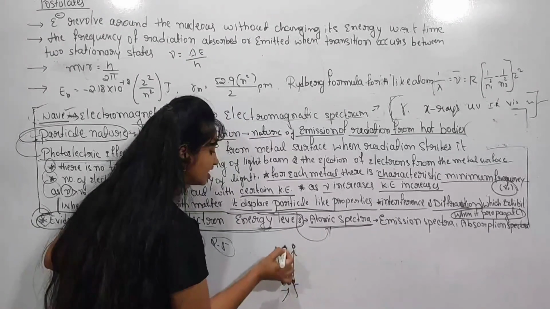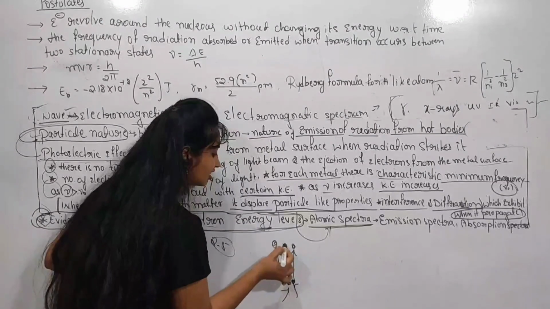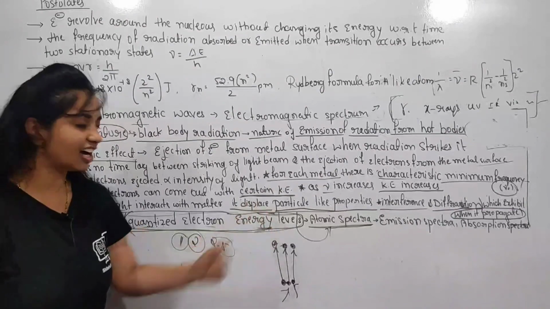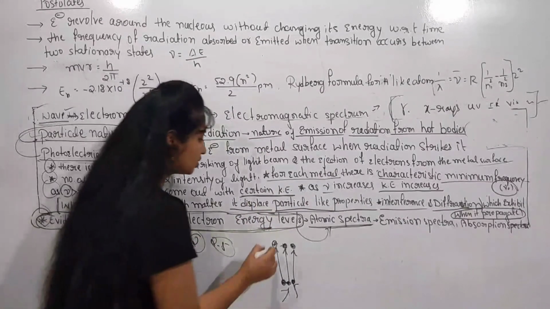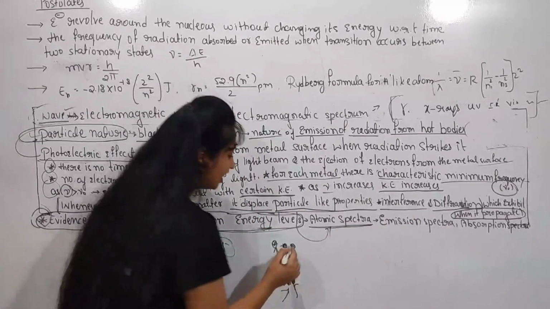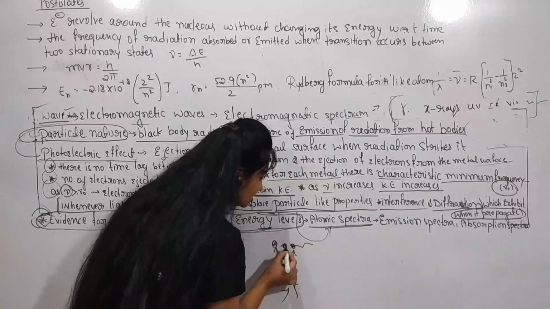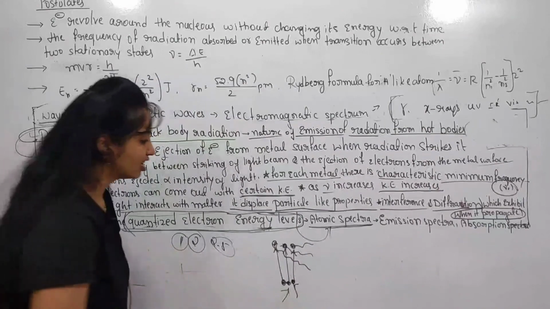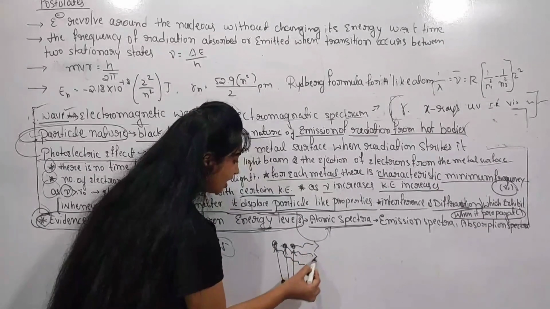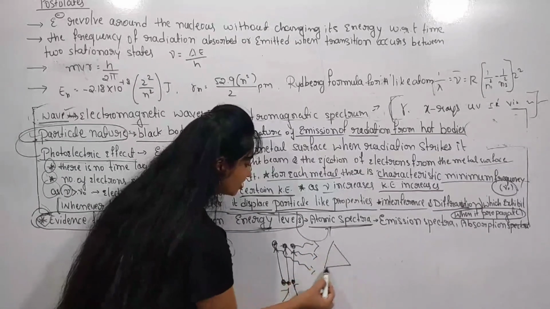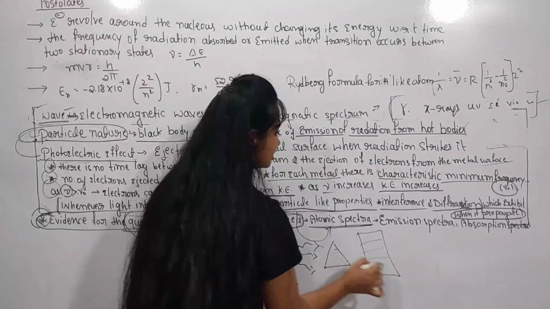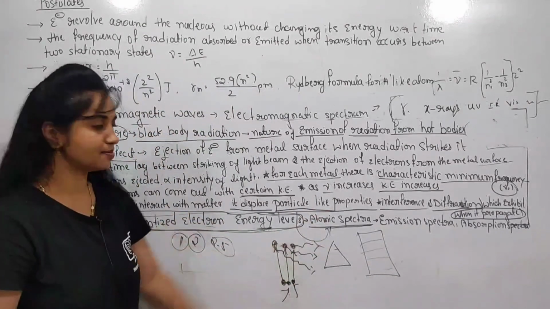In the higher energy level, they are unstable. So to become stable, they lose their energy again in the form of radiation. When we pass this radiation through a prism, we get a spectra. This is called an atomic spectra.